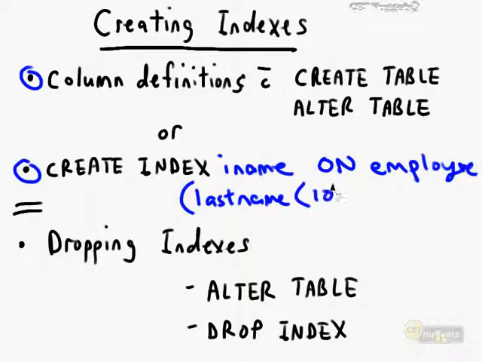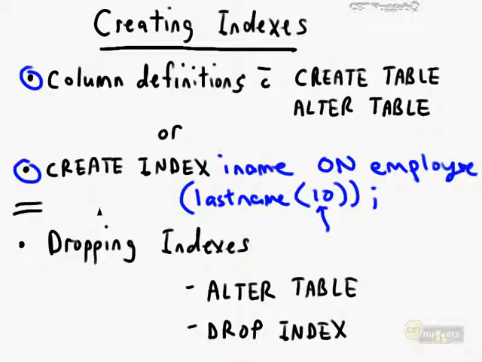We can throw that in parentheses too, so you wind up with double parentheses at the end of the statement. So in summary, this statement would create an index called iname on the employee table that keys on the column named last name, and moreover, we have a prefix length of 10 characters, so only the first 10 characters of each row will be included in the index.